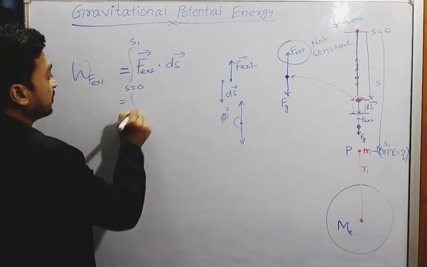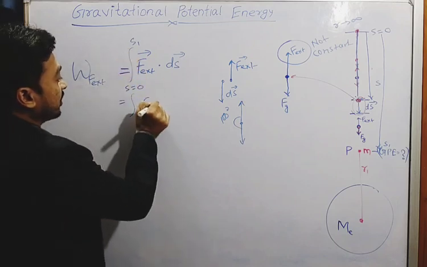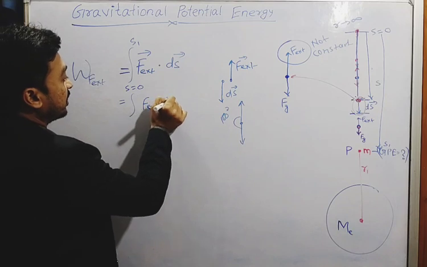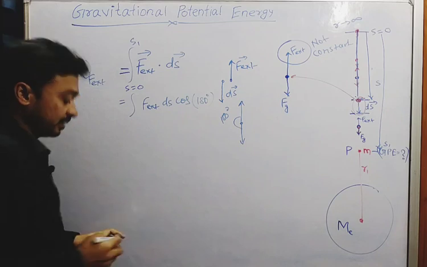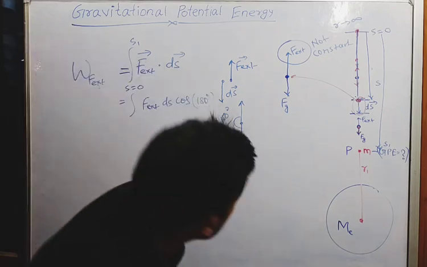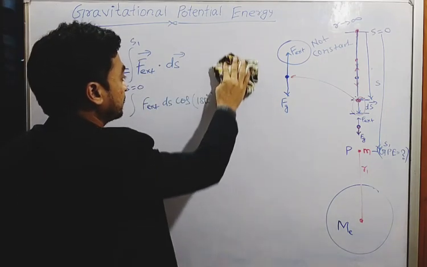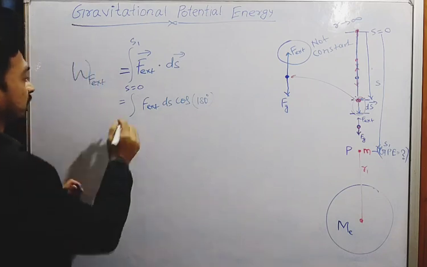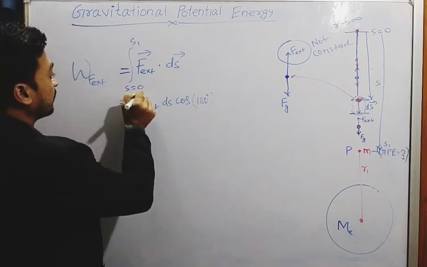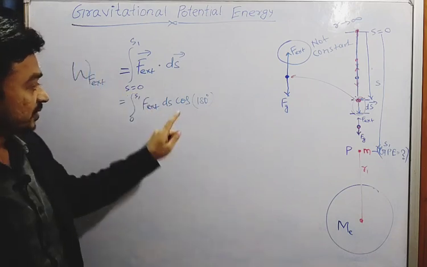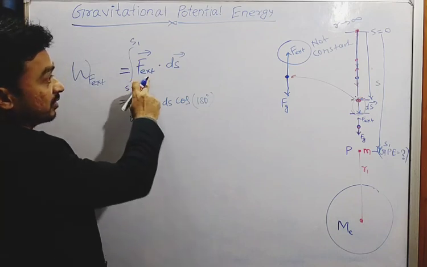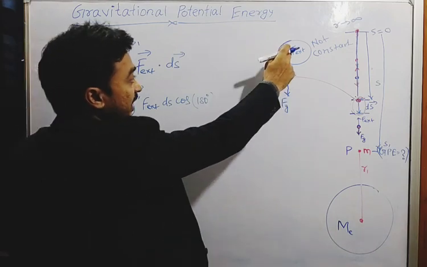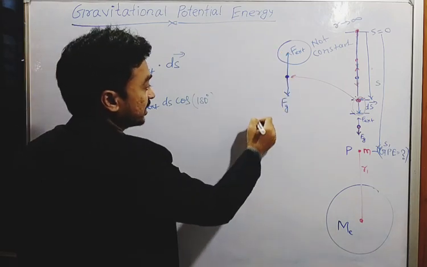Now put F ext ds cos 180 degrees. It's the definition of dot product, from 0 to s1, right? This is the magnitude of external force. What is the magnitude of external force? Magnitude will be equal to Fg.